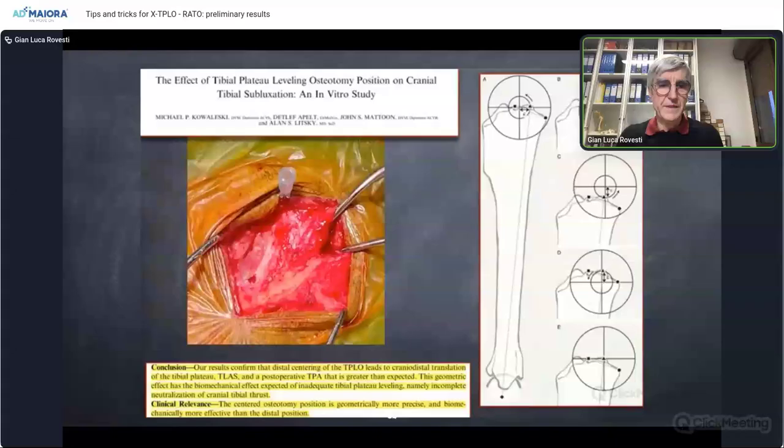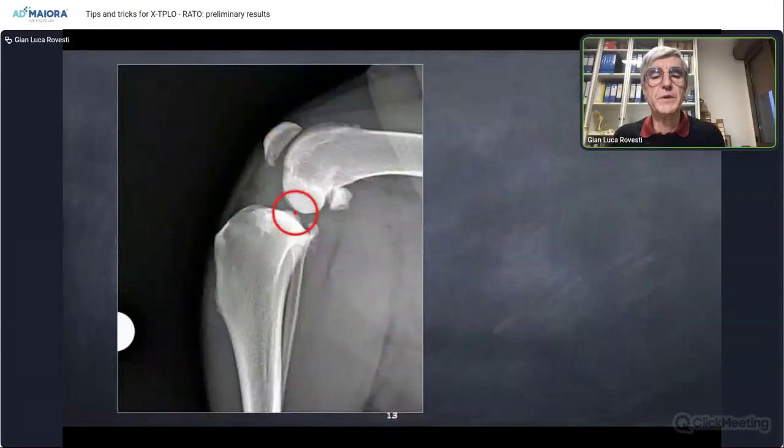And why is this important? Because if we look at the radiographic projection of the position of the tibial spines, we can easily understand that this is the center of rotation, but it's also the center of the joint.